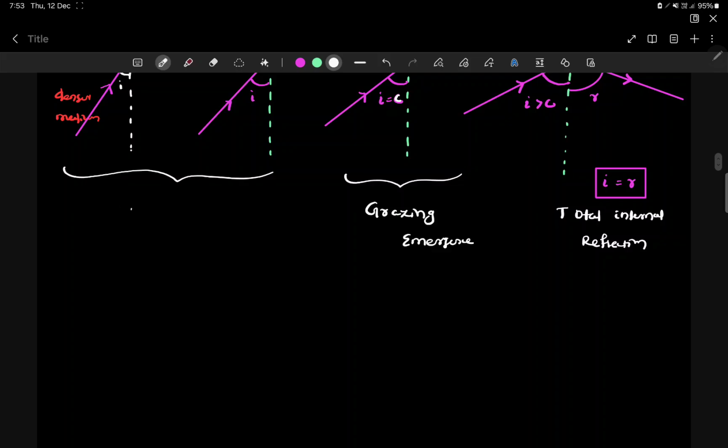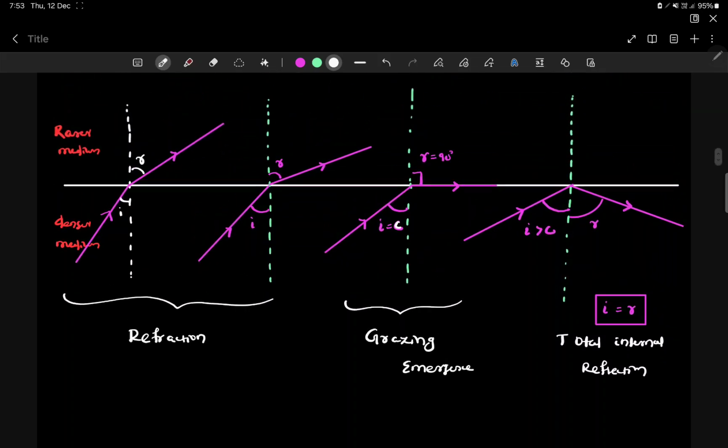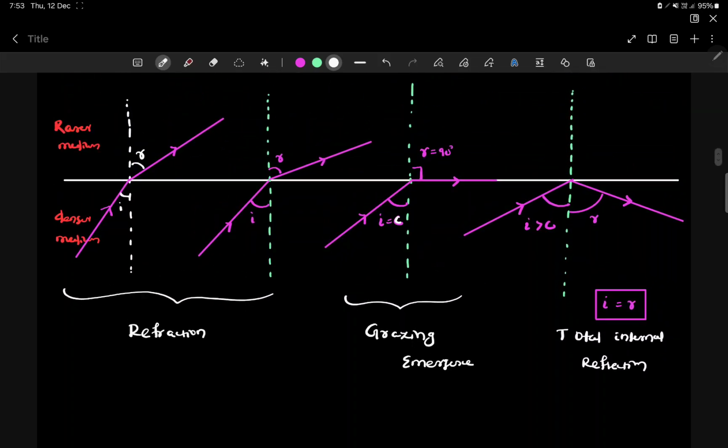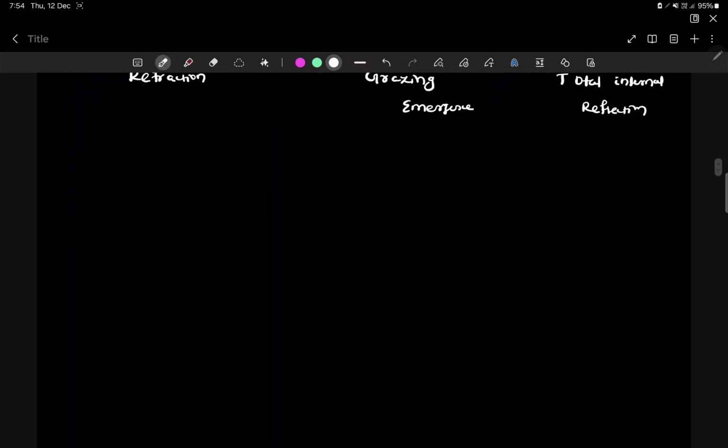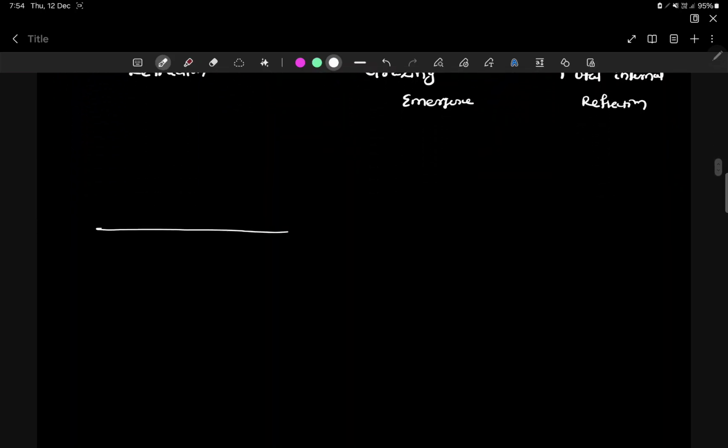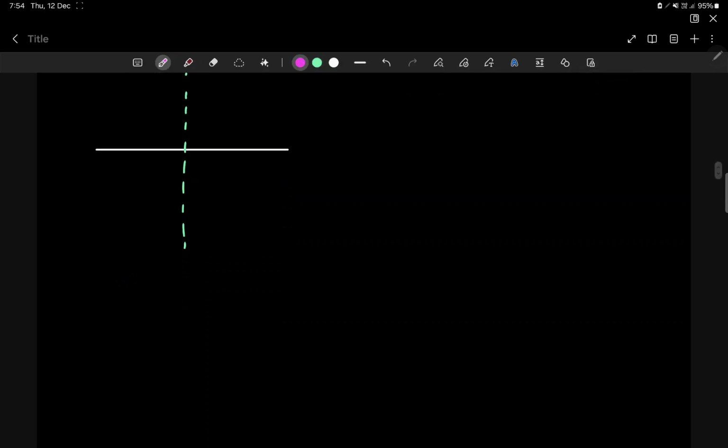That is basically the refraction concept. So in case of grazing emergence, let this be our interface, this is your normal, this is your denser medium and this is your rarer medium.